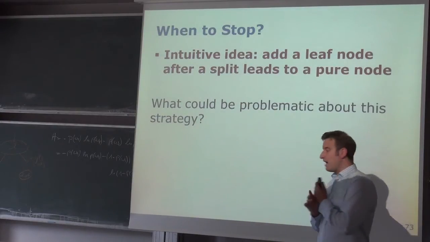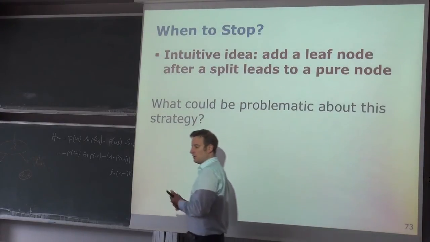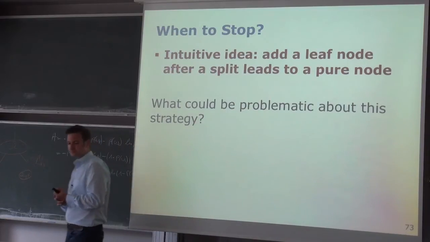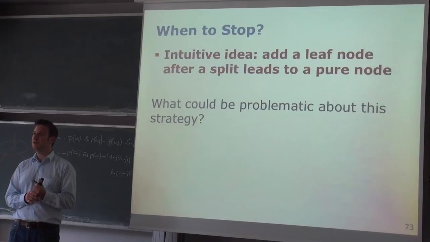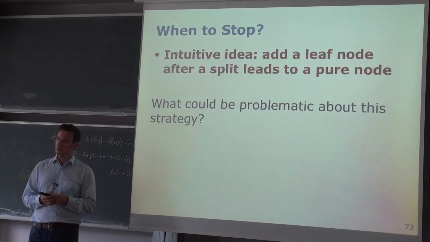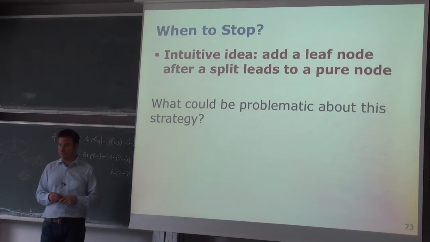Whenever we add a leaf node, we should stop. And in the standard case, at least for those decision trees which I have shown here, I would stop if I have pure regions, so there are only elements of one class in there. What could actually be problematic about this strategy if I do that?